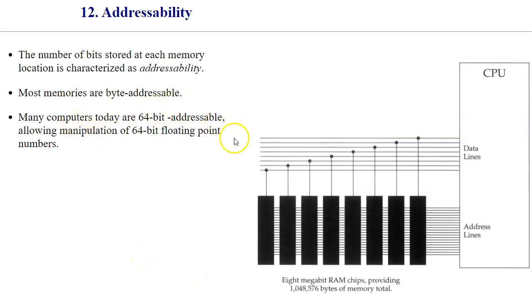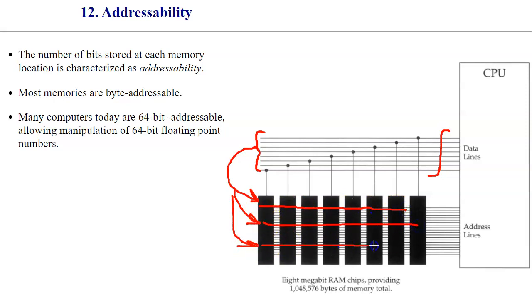Most memories are byte addressable, and right here we can demonstrate that we have 1 byte of information that could be stored. All of these signals supplied by the data lines could be stored in a specific location here or here or here. Each one of them would correspond to a specific address specified by the address line.